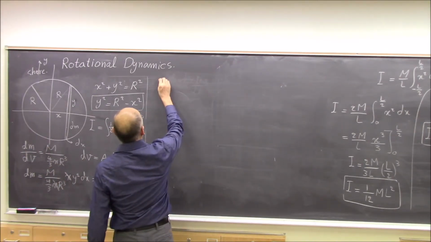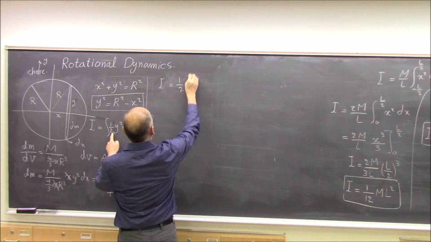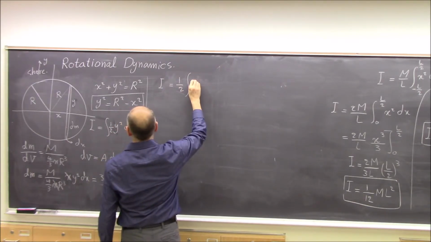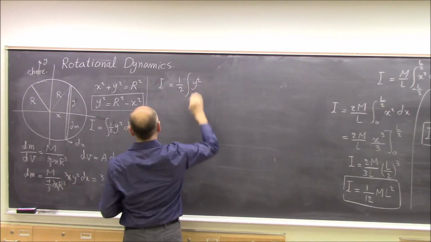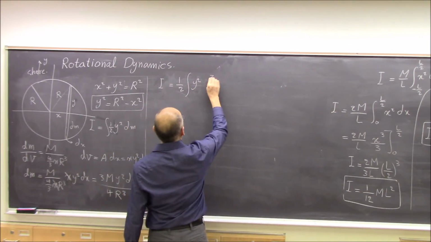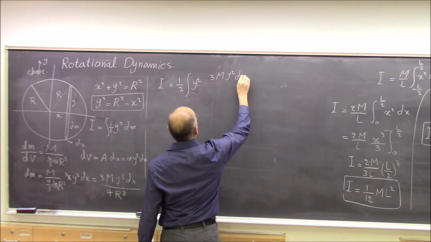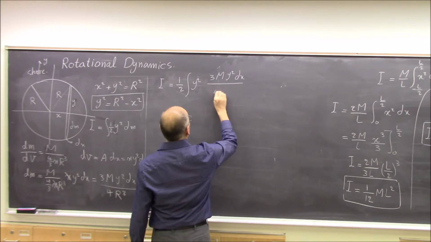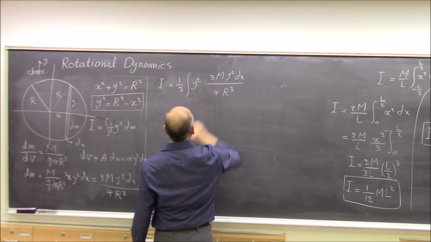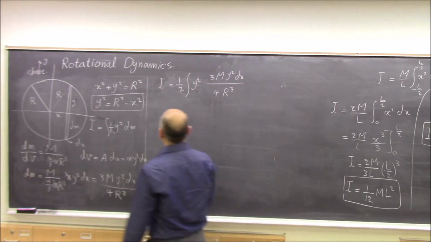So I becomes 1/2 integral of y squared times dm. dm is this, 3m y squared dx over 4R cubed, and put everything that's constant outside.